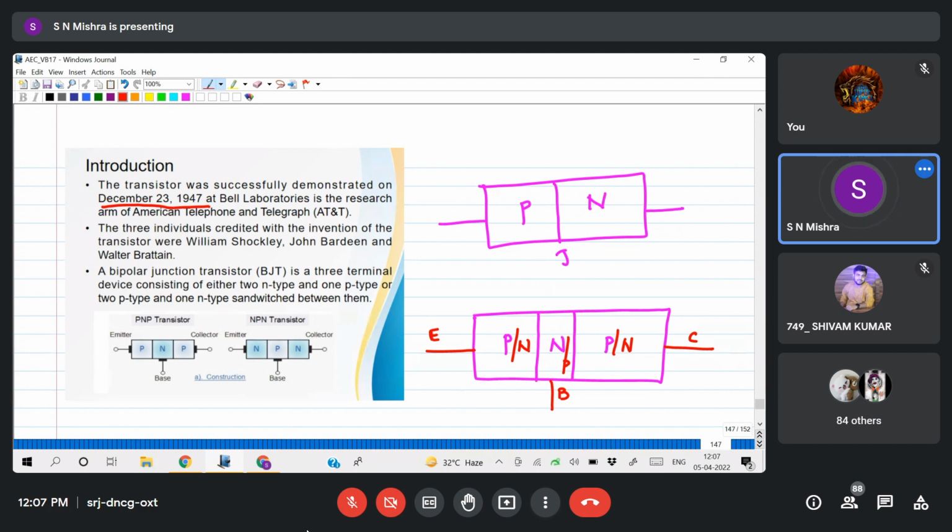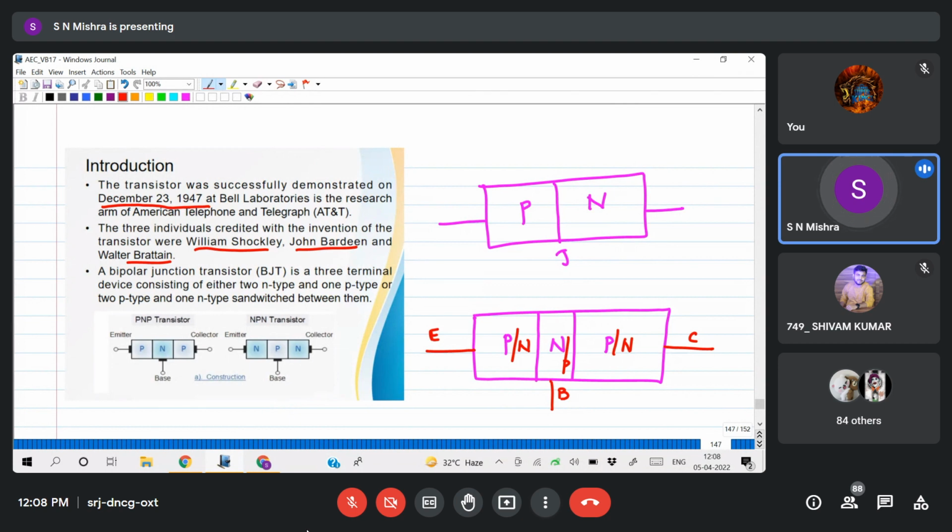Three scientists, Shockley, Bardeen and Brattain, invented this accidentally. They were doing some other work and accidentally found that whatever signal is transferred through this junction is amplified. So that was the first time they demonstrated it.